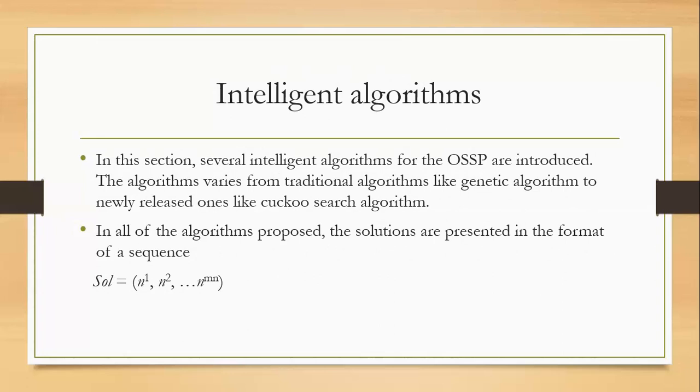In this section, several intelligent algorithms for the OSSP will be introduced. The algorithms vary from traditional algorithms like genetic algorithm to newly released ones like QQ search algorithm. In all of the algorithms proposed, the solutions are presented in the format of a sequence.